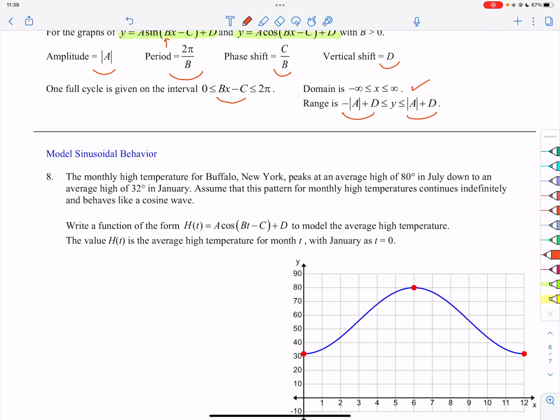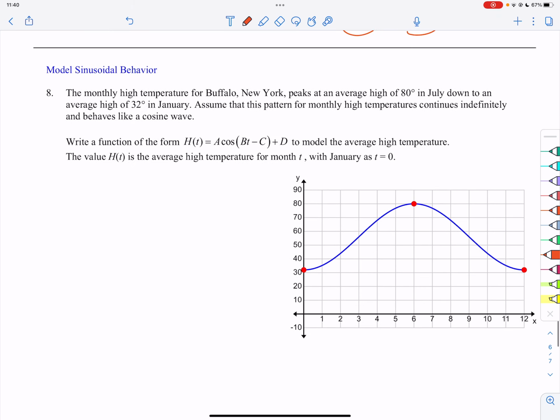So modeling this sinusoidal behavior, we're given this example about a monthly high temperature for Buffalo, New York, and it peaks at an average high of 80 degrees in July. And you can see that right here. So this must be July. And down to an average high of 32 degrees in January.